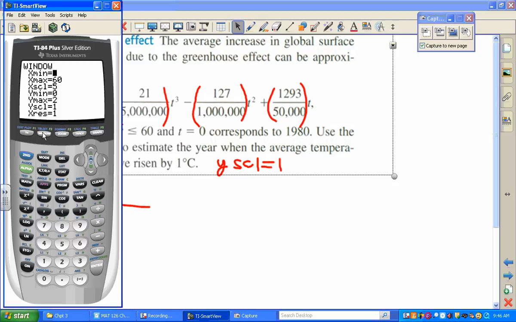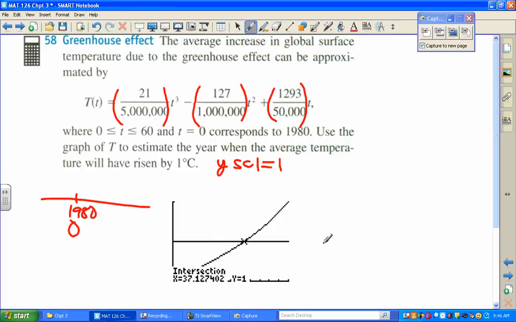Now I can't use minimum, but what can I use to find the answer? Intersect. So back in my graph, I can use second, calculate, intersect. Enter, enter, enter. So that's 37.12.